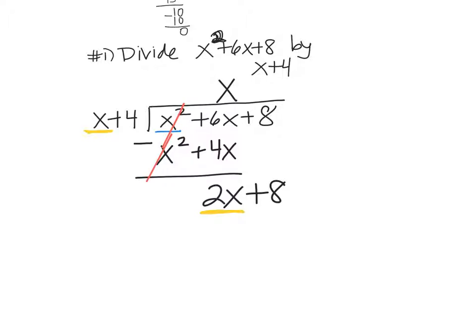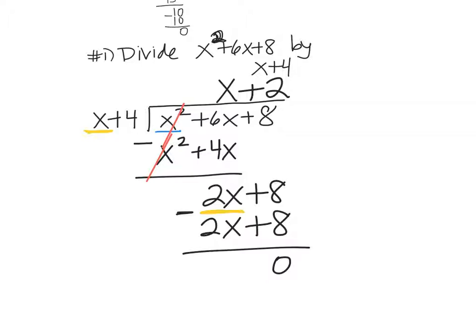You don't need to worry about the rest of it, okay? So what times x gives me 2x? 2. So 2 will get multiplied times x, 2x. 2 will get multiplied times positive 4, so plus 8. And then you subtract, and what happens? Remainder 0. And your answer is x plus 2.